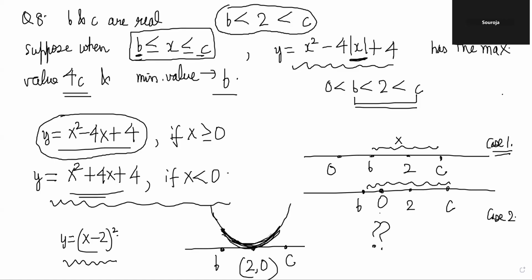And if this is the situation, the minima is always going to be the vertex, right? It is obvious that the minima is always going to be the vertex in this case. So the y value at the minima is 0.